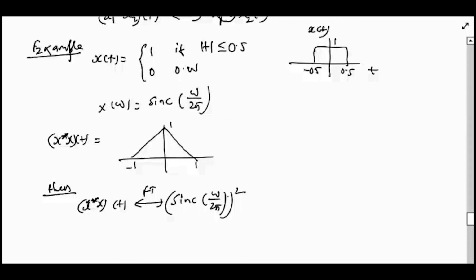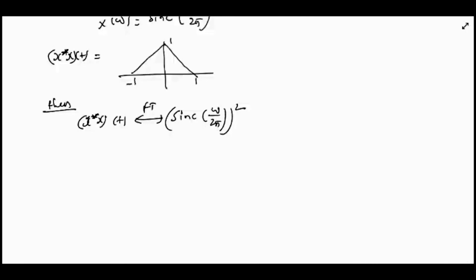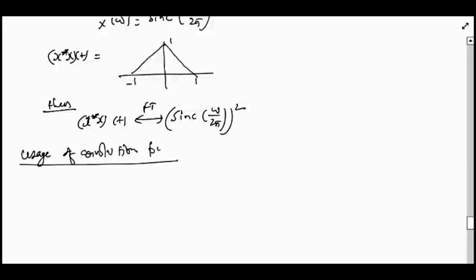Okay, let's now see a few uses of the convolution property. As I indicated earlier, this property has many uses. And the first use is in computation of convolution of functions.